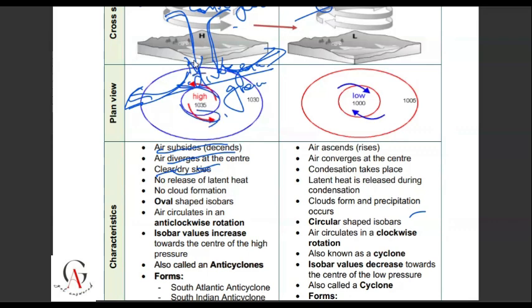The clock moves in this direction from 12 to 3 to 6 to 9. But if it's anti-clockwise, it means it's going against the direction of movement of the clock. So as the air is coming out of the high pressure cell, as it diverges in the lower atmosphere, it diverges in an anti-clockwise circulation.